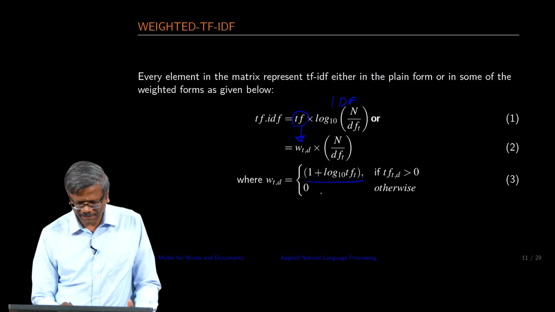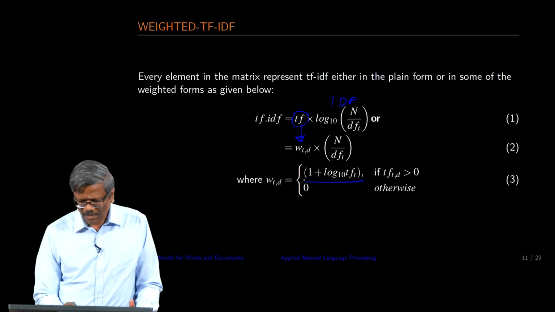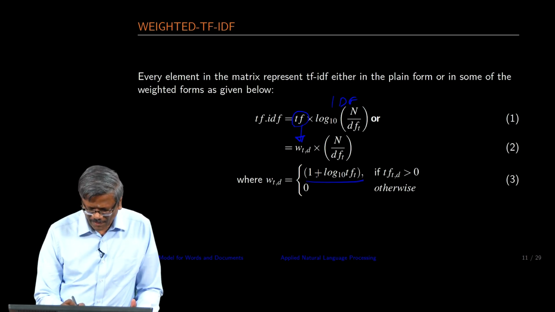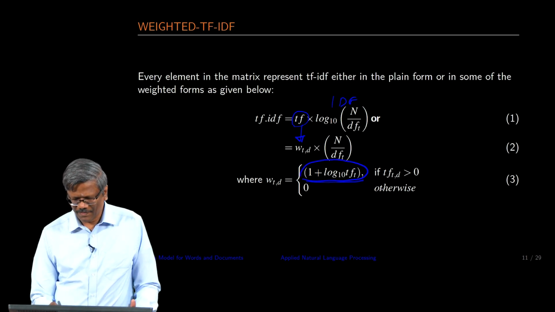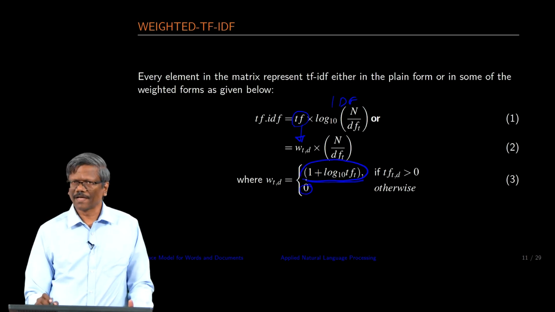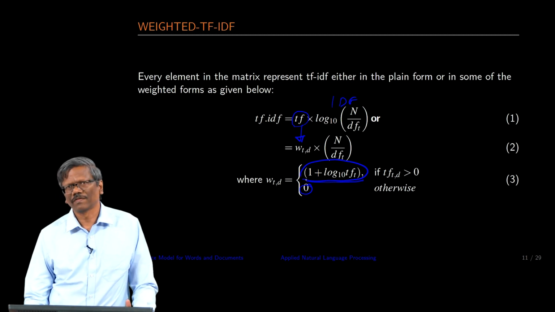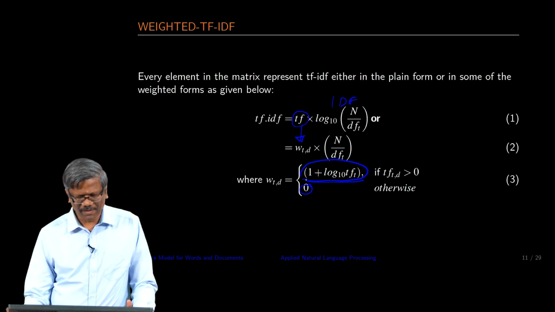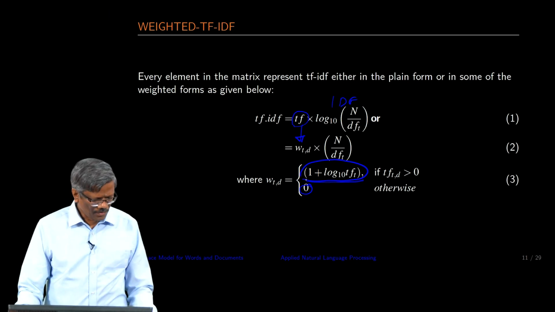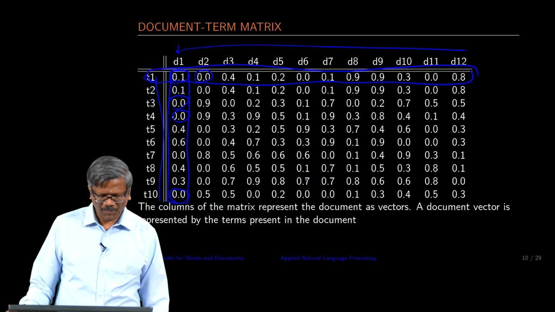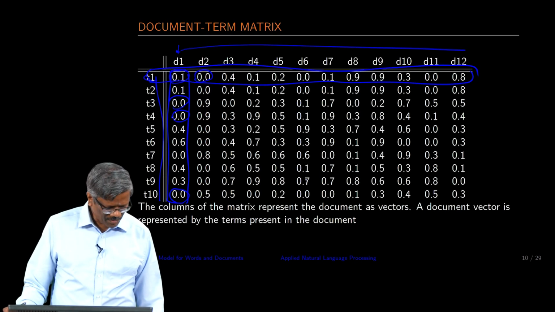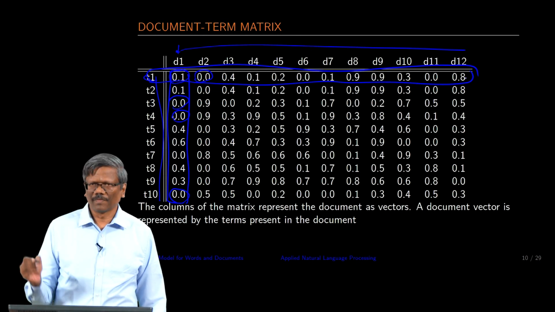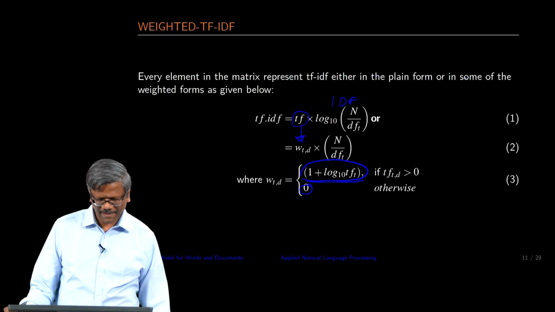You replace the TF with 1 plus the logarithm of term frequency if the term frequency is greater than 0, and if it is 0, it is going to be 0. So, this is again a very important representation of terms in the document term matrix. In our case we have just used a random generation of these numbers, and I represent them as TF IDF, a plain TF IDF.